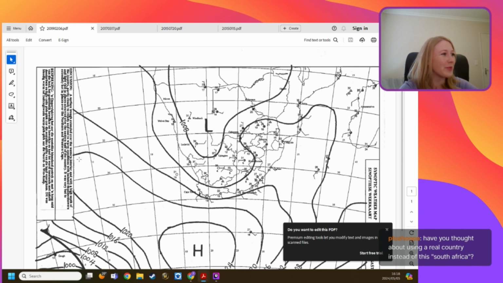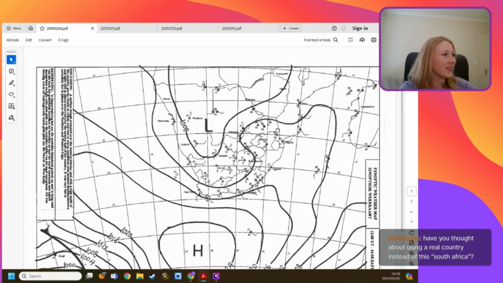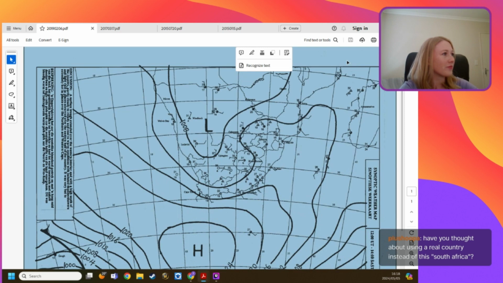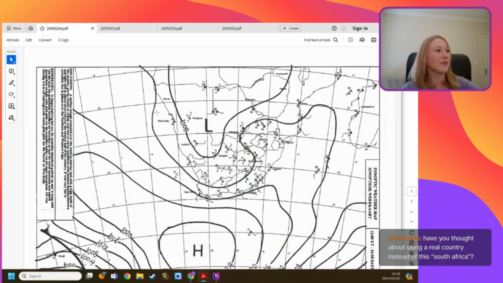We have the outline of Southern Africa over here, and here is South Africa. You'll see that it's littered with these lines. I will also go into what those lines are, but those are isobars. They show us what the pressure is in the atmosphere. Then these little symbols all over South Africa, those are weather station models, and I'll show you how to read them.